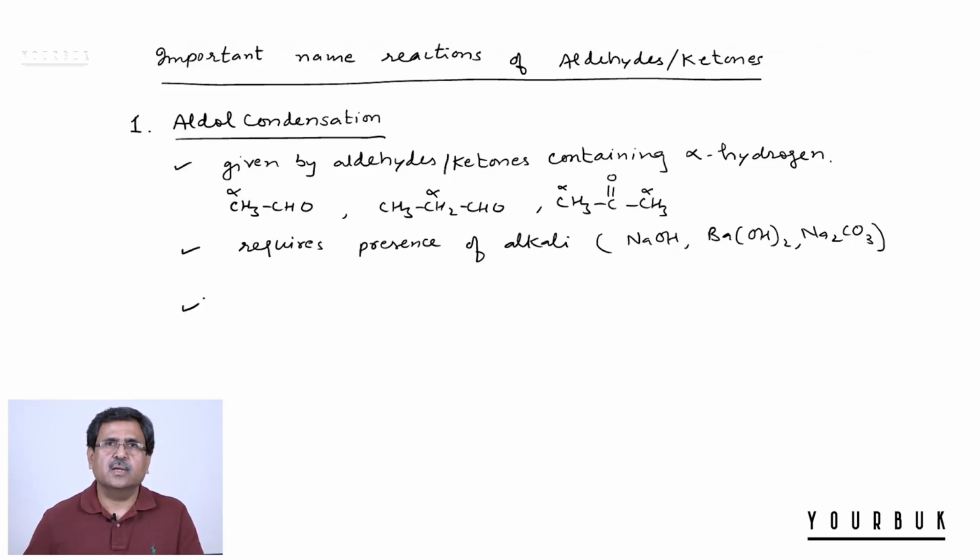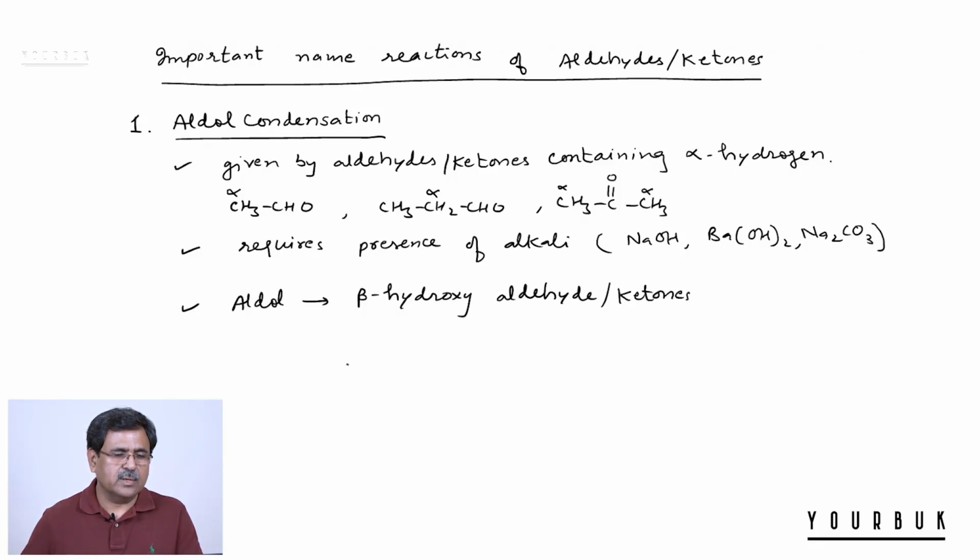Now the third point is that aldol is the common name for beta hydroxy aldehyde or ketone. Aldol contains this type of group. This is beta hydroxy aldehyde or ketone.